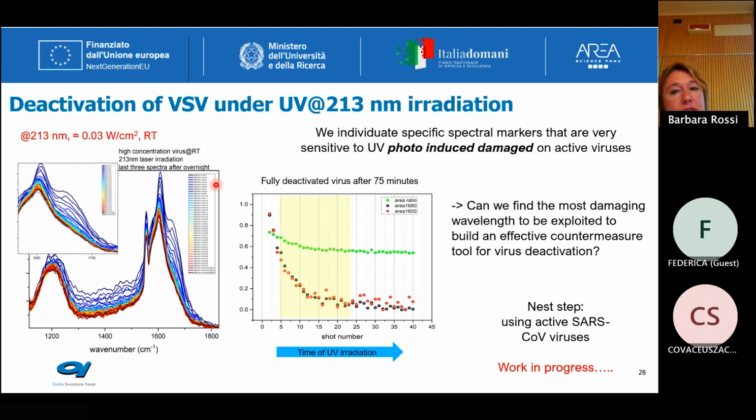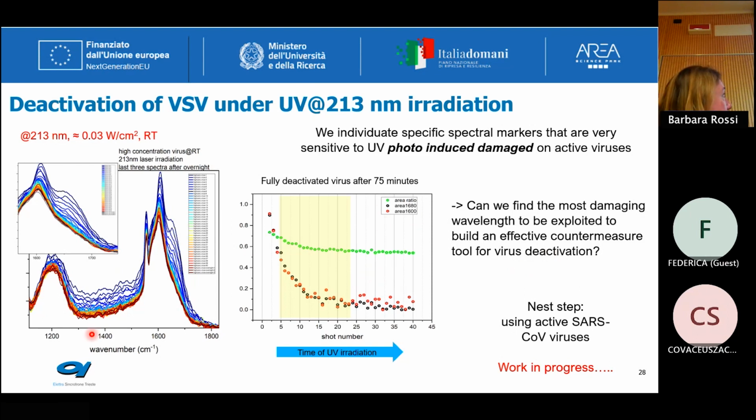The idea in this case was to investigate the possibility of building an effective tool for virus deactivation that uses UV light, but at energies that are not so dangerous for human skin as the UV lamps that are usually used at the moment for this type of deactivation.